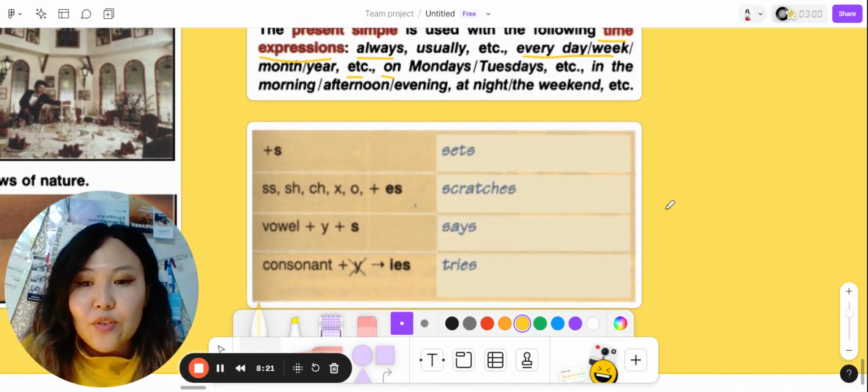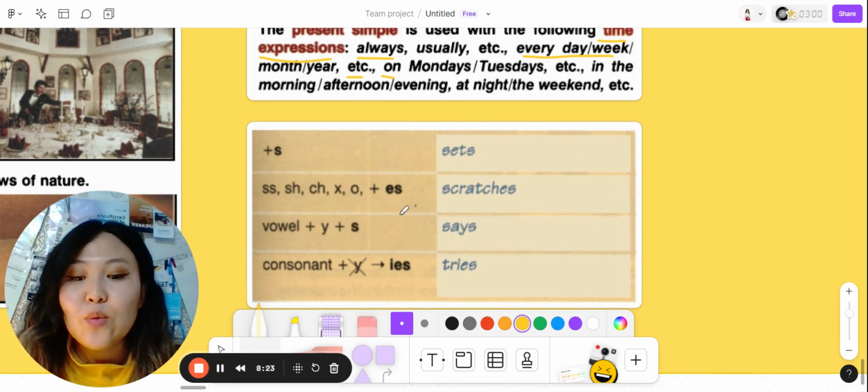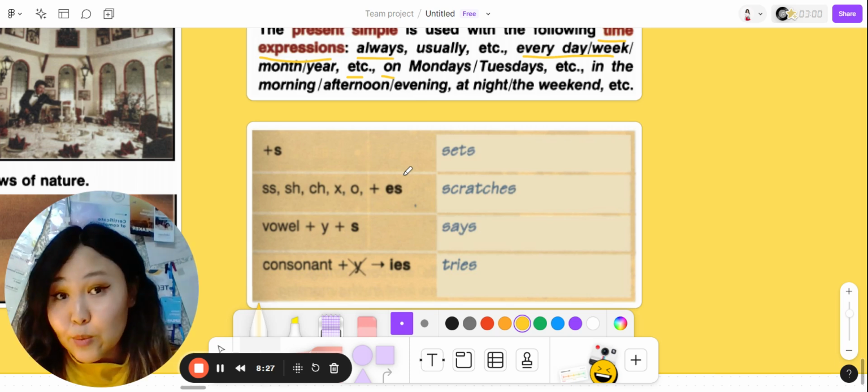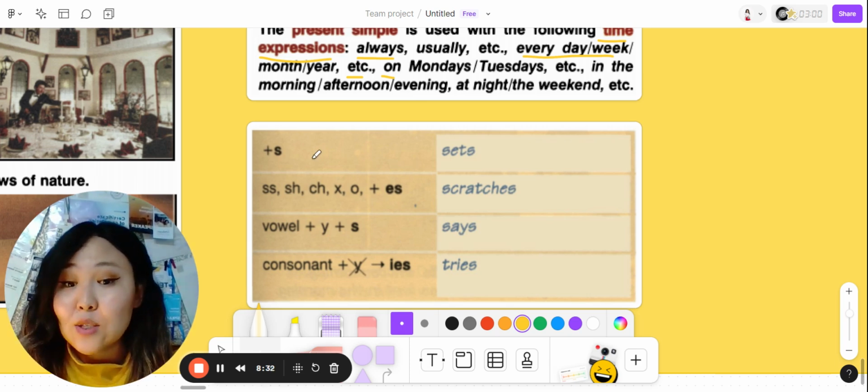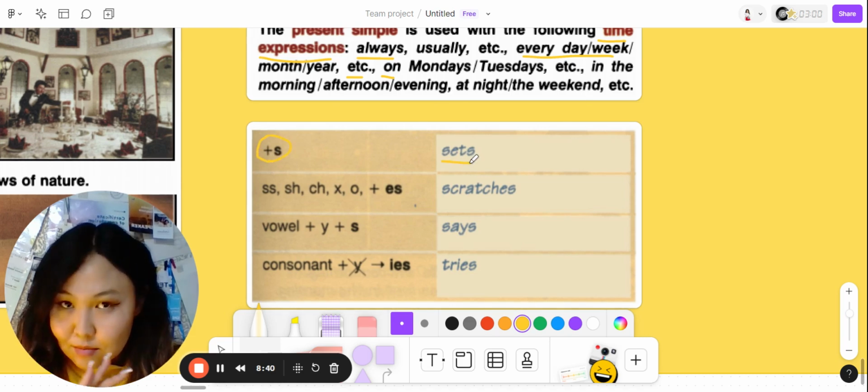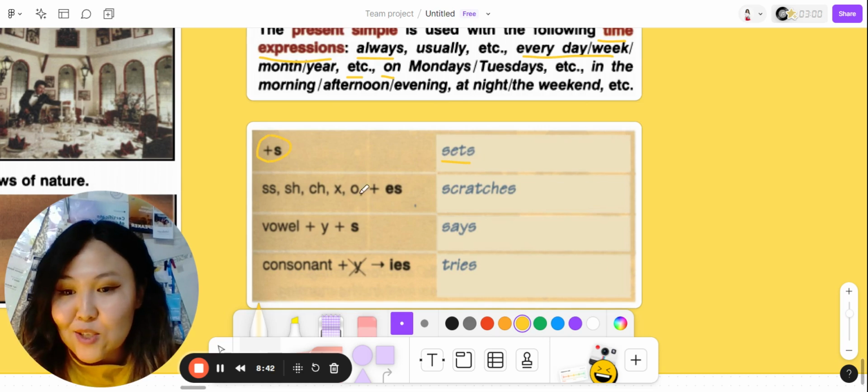Also, one more thing to mention: when we use present simple and when we talk about the third person singular, he, she, it, we usually add s or es to the verbs. But we need to remember how to add them. We add s ending if we have regular verbs, but we need to remember about such sounds as s, sh, ch, x, o.